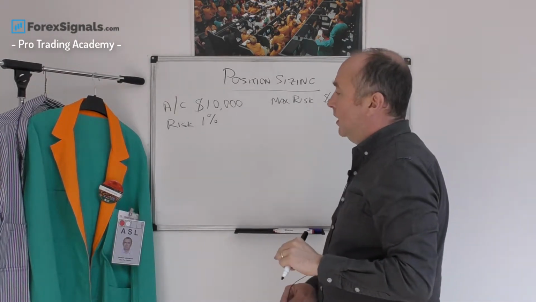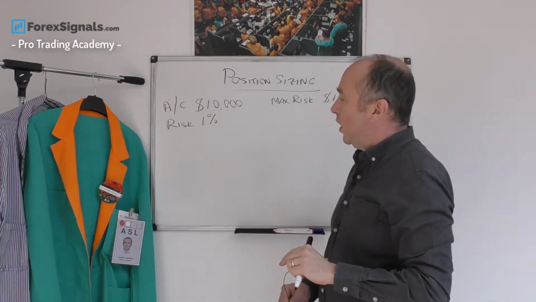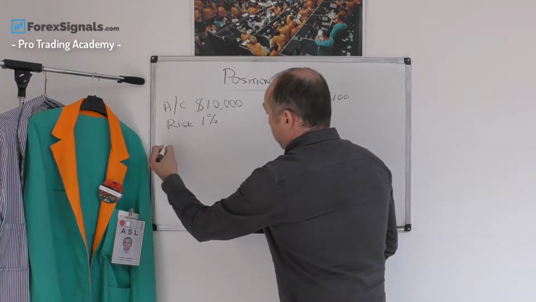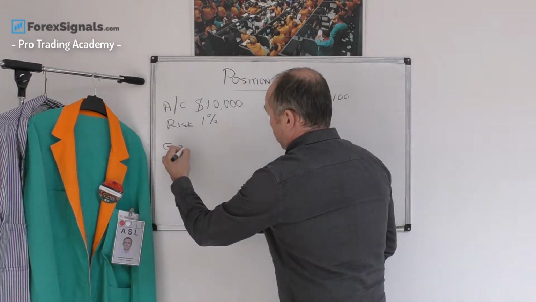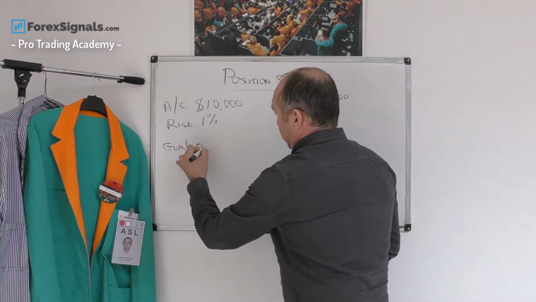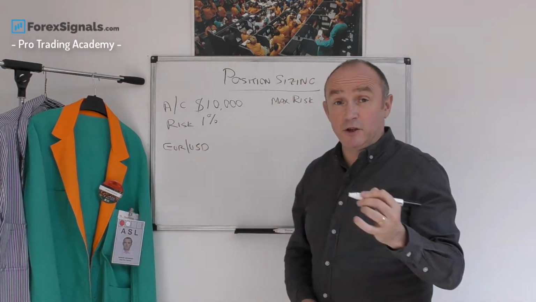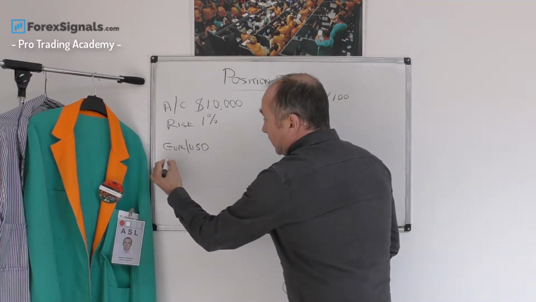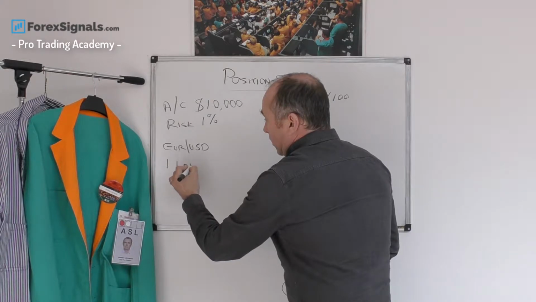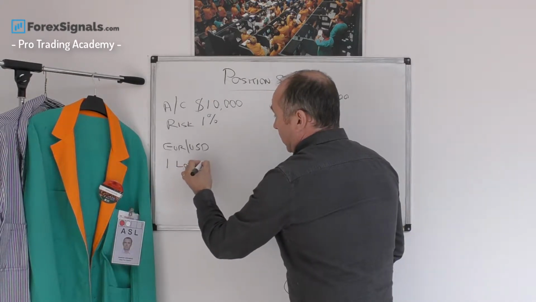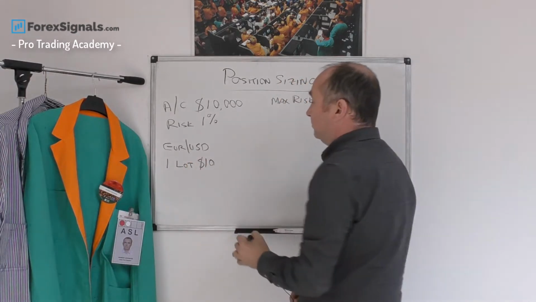Okay, now let's assume that we are going to be trading the euro against the United States dollar. Now, the euro against the United States dollar has a lot valuation, giving us $10 per pip.